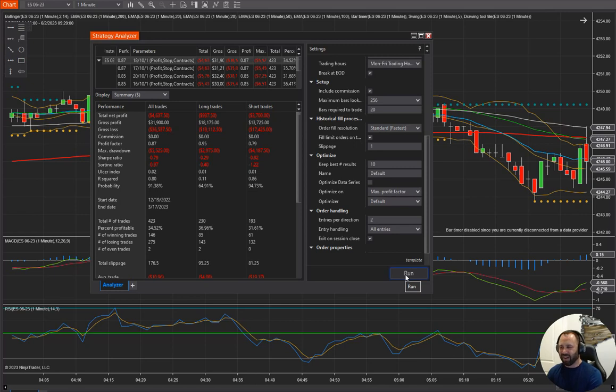We went from positive $1,500 to negative $4,637. And that's the best possible given this period of time. And that's with an 18 tick profit target, 10 ticks for stop loss. So it's amazing what slippage can do.